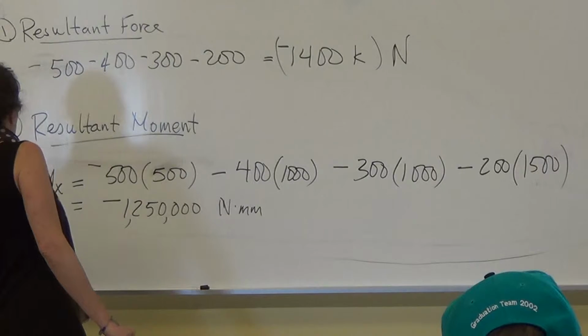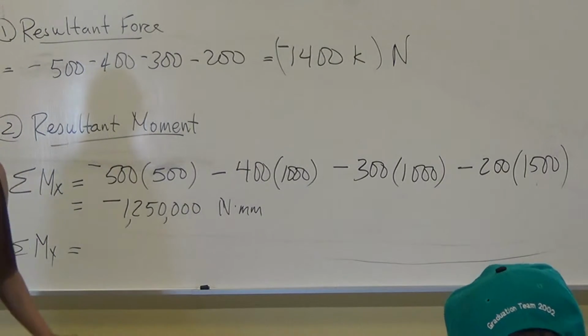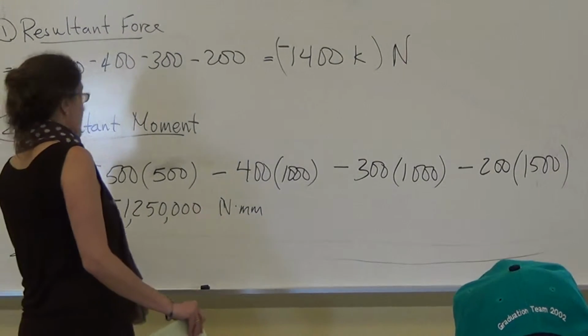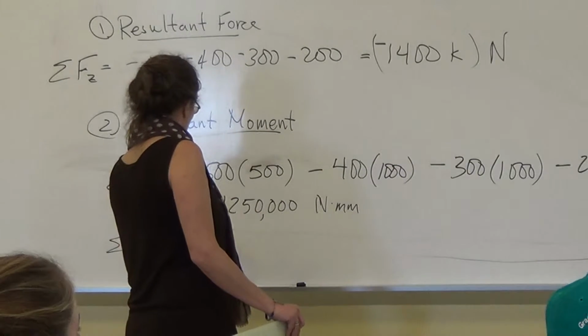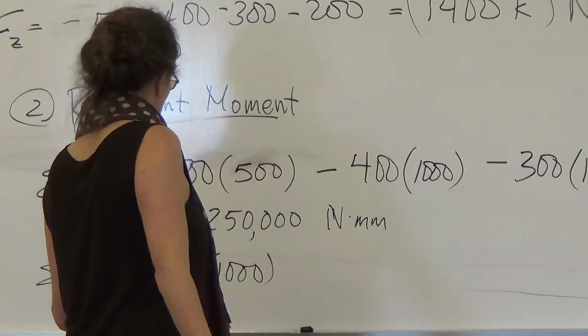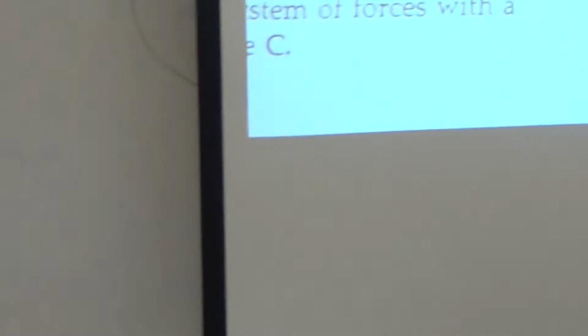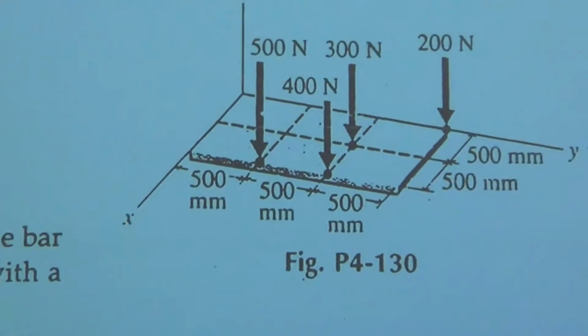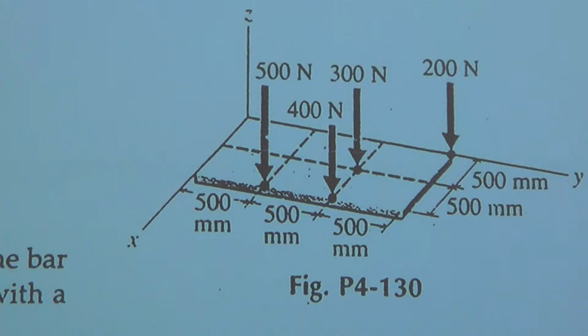I haven't converted it yet, so negative 1,250,000 Newton millimeters. Okay, sum of moments about the y-axis. 500 times 1,000, positive or negative? Positive, and then positive 400 times 1,000, and positive 300. What do you get as the value?